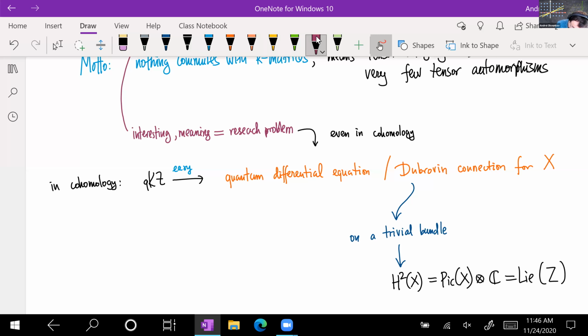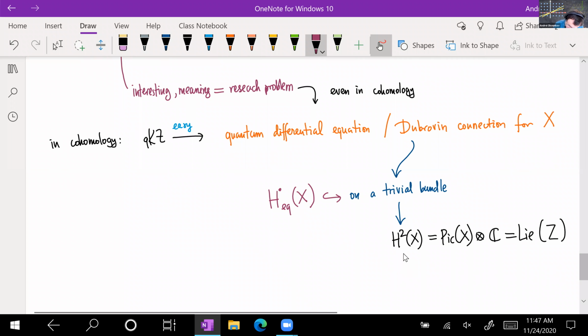And the fiber is now, instead of K-theory, the cohomology, the Chow cohomology of X. And then here, if I want to move in this base, maybe I have some direction lambda. So I have a vector field d by d lambda applied to z to the alpha, where alpha is a curve class.